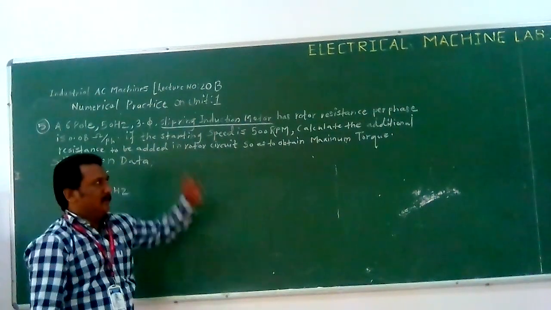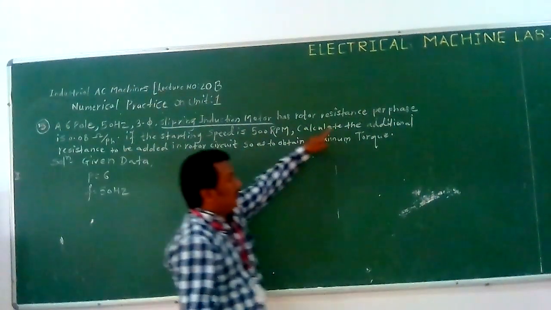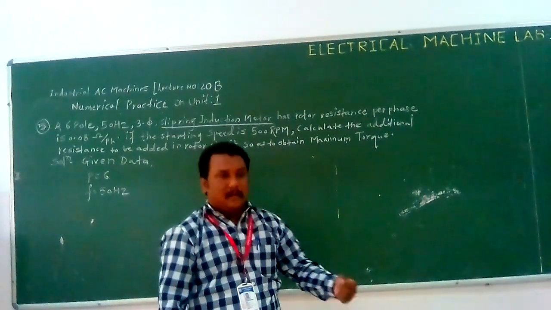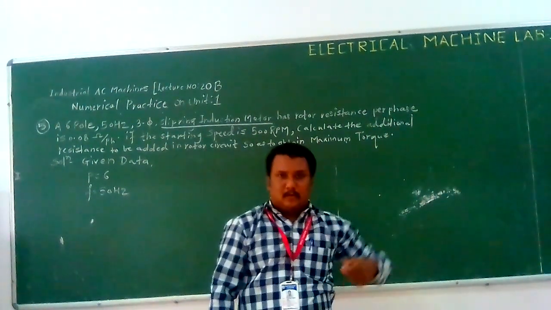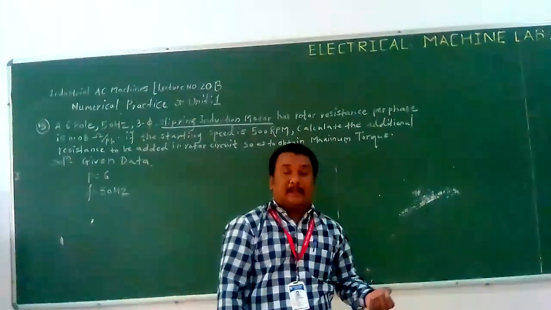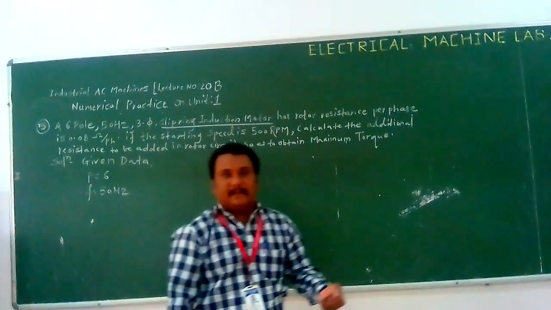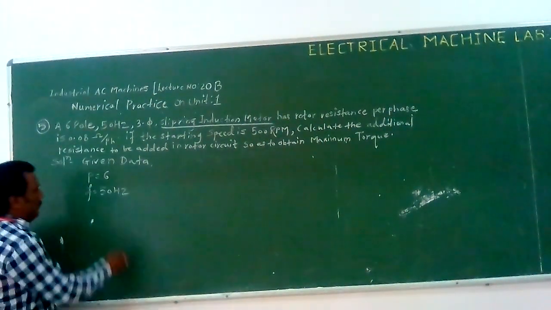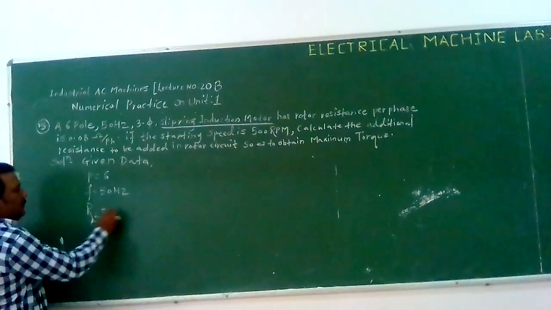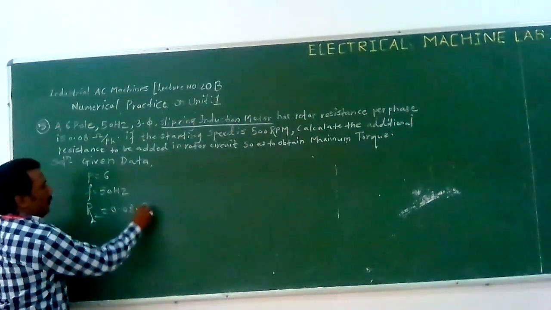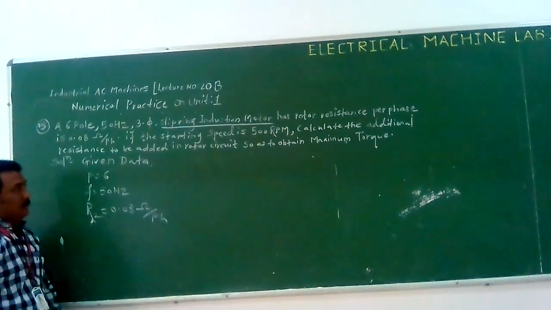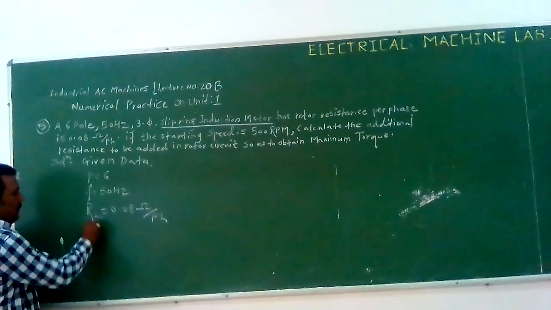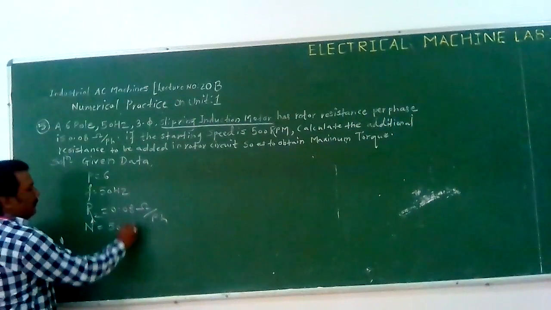Then the slip ring induction motor has a rotor resistance per phase. Here per phase, because the rotor is a phase wound rotor with distributed winding, has a 3-phase winding and it is always star connected. Per phase resistance is 0.08, means R2 is given as 0.08 ohm per phase. And the starting speed is 500, means N is 500 rpm.